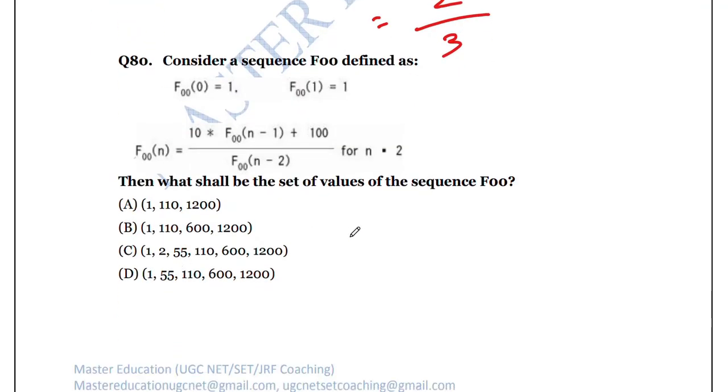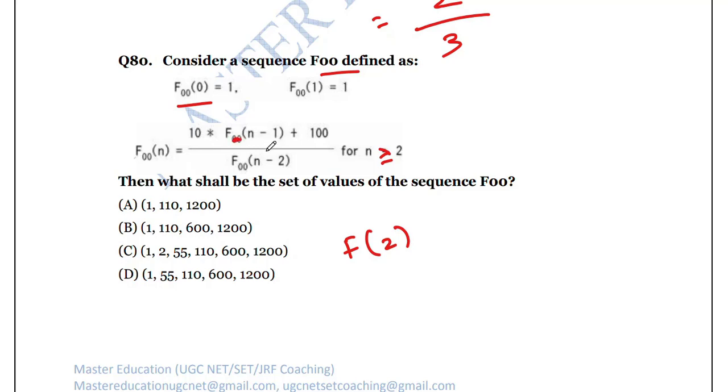The next question is, consider a sequence F defined as: f of 0 is 1, f of 1 equal to 1. They are asking f of n when n is greater than or equal to 2, right? So I have to find this f of 2.